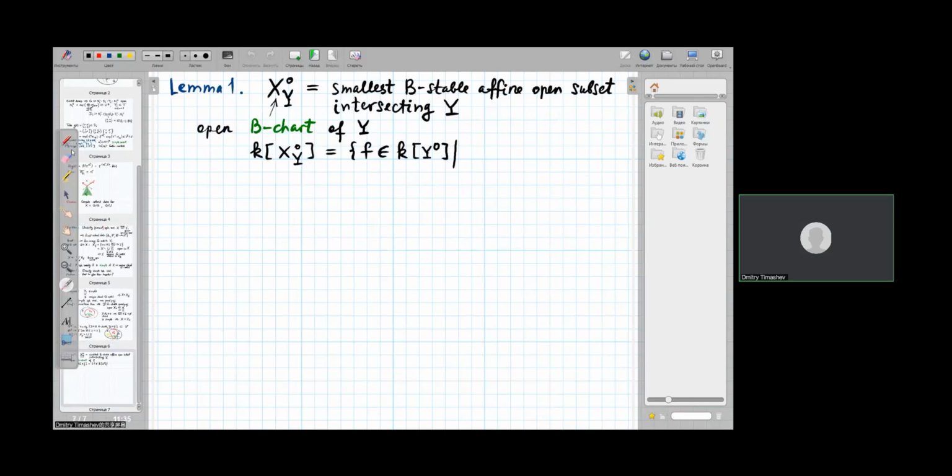So let me write it down here. So v of f is non-negative, and v_D of f is non-negative for any v in V over Y and any D in D over Y. Okay, so this is the description of the coordinate algebra of this affine open subset.